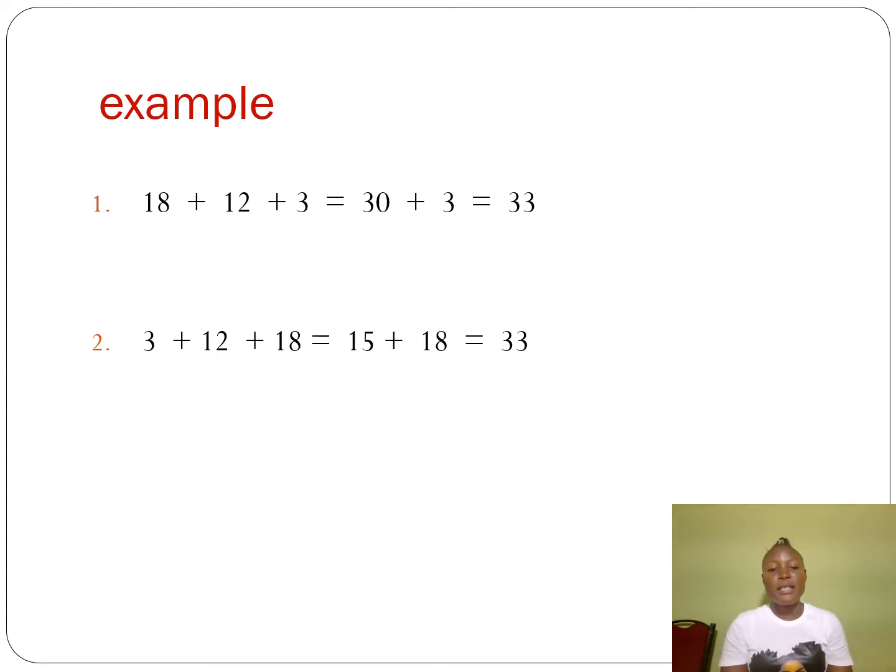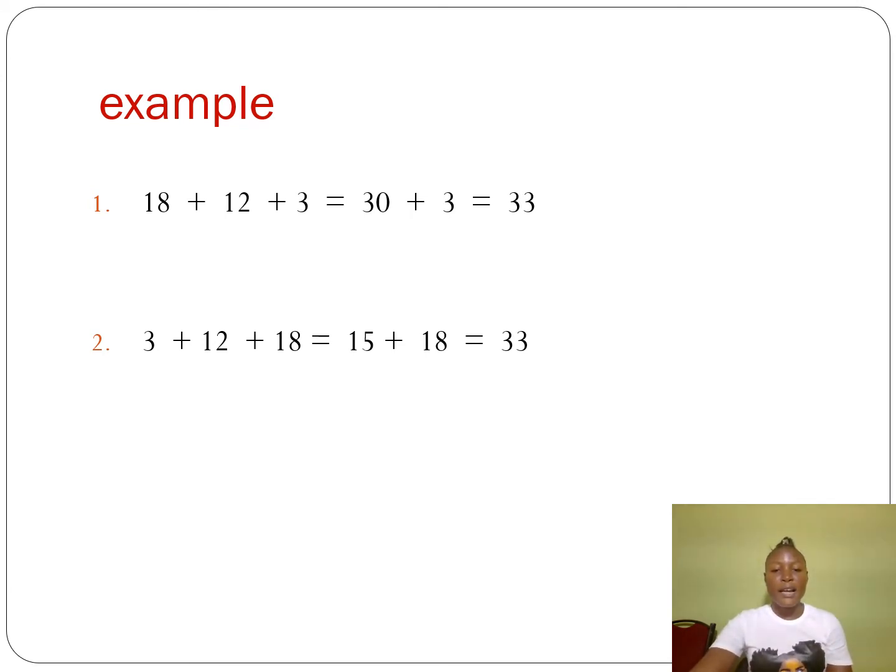Now let's look at the second example. You can see that the numbers in the first example are the same numbers we have here, but the positions of the numbers have been changed. So you can see that 3 comes first, plus 12, and then plus 18.